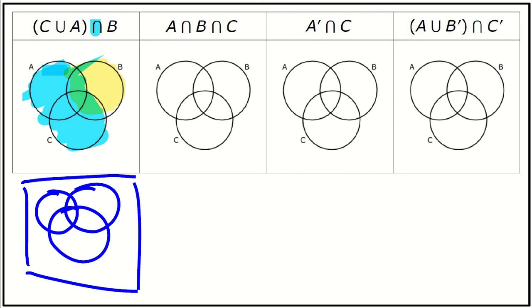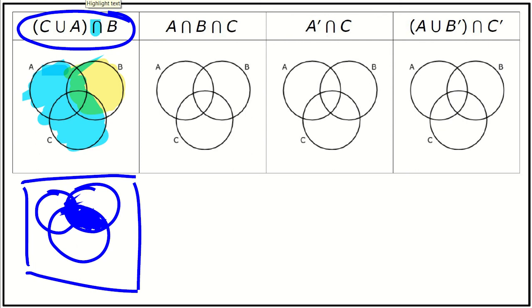The area that's been highlighted twice is my answer. So it's this piece in here and in there and this bit in there. So all of that part, that is my C union A, all intersecting with B.